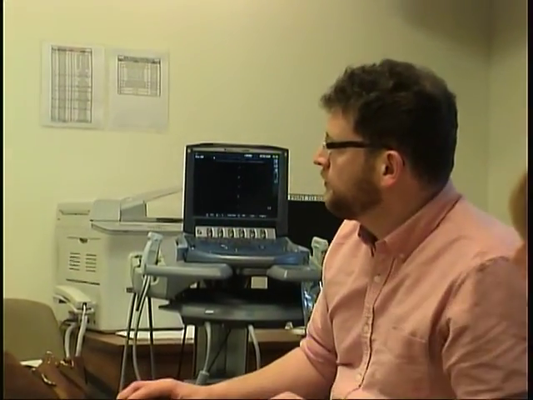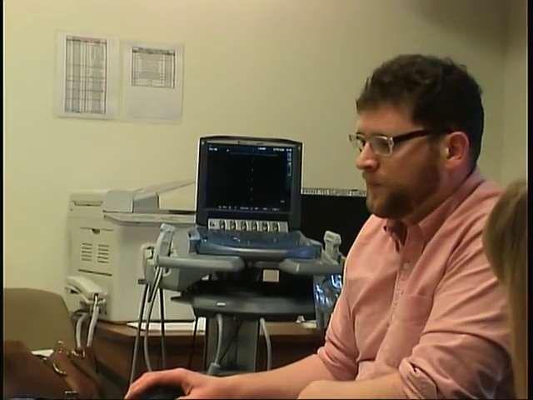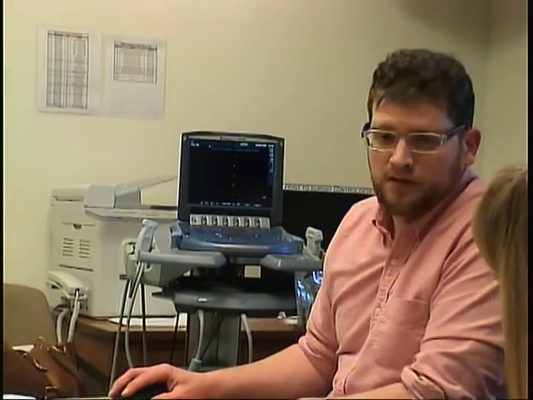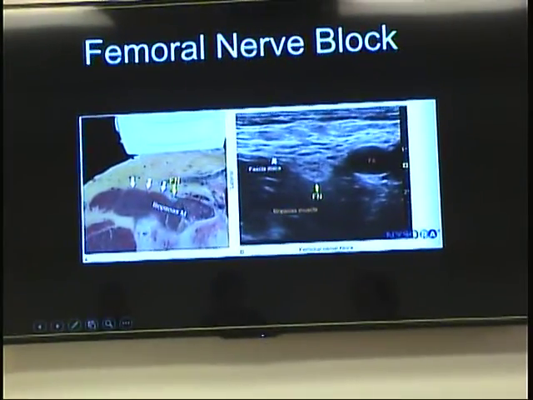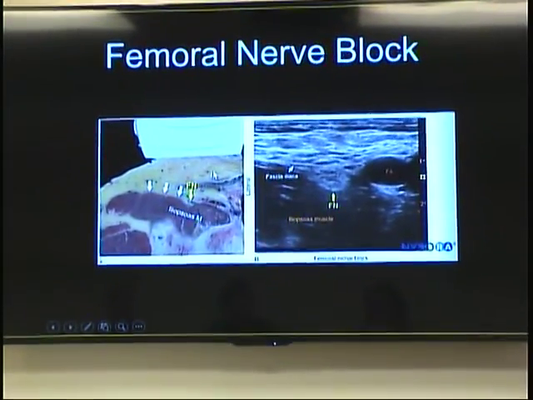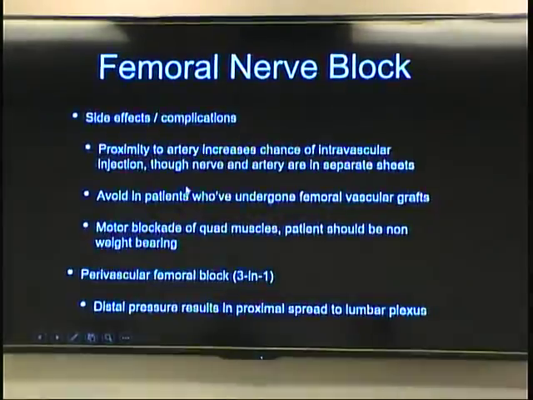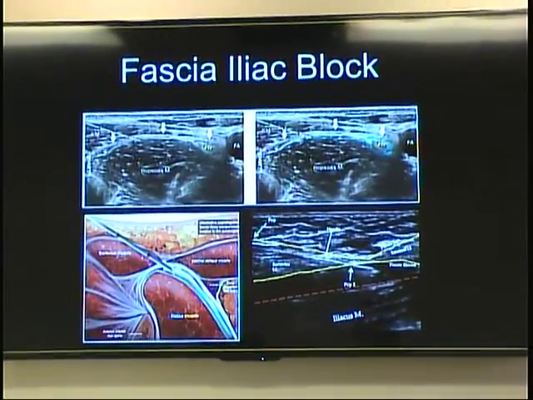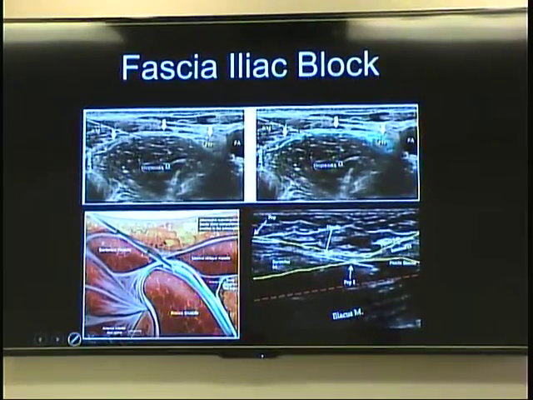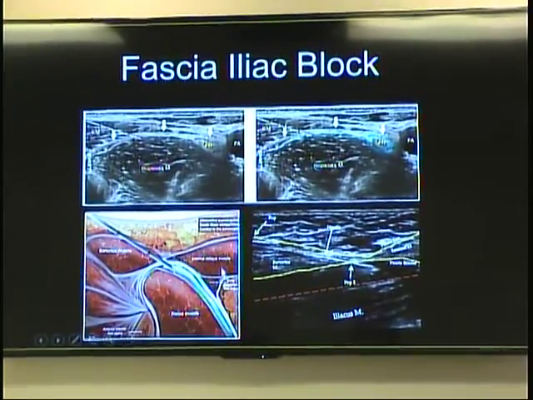You could do that view where you're at the inguinal ligament, looking at the femoral nerve, and trying to block here and get that spread. Or you could do another view, more parasagittal, where you start laterally and see the sartorius muscle and the internal oblique muscle.